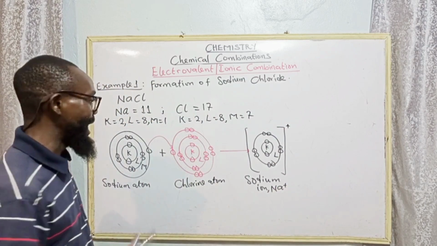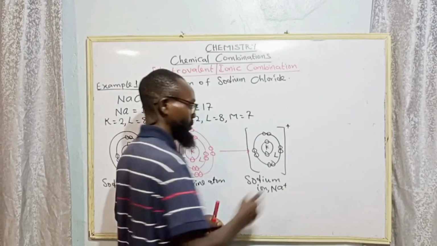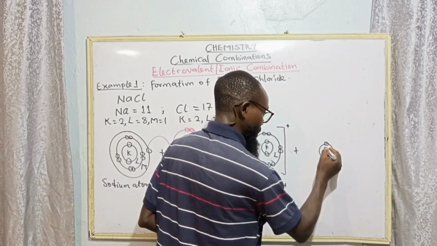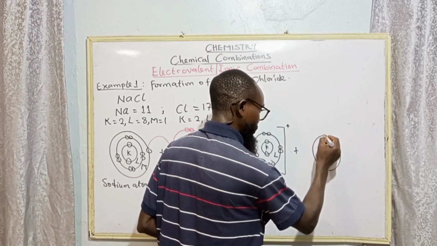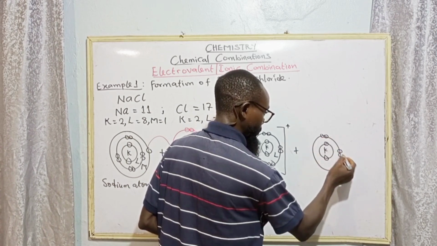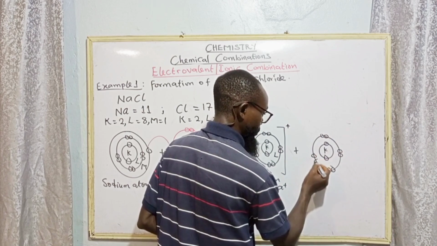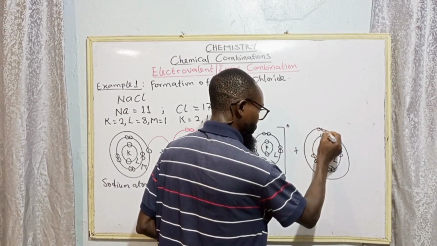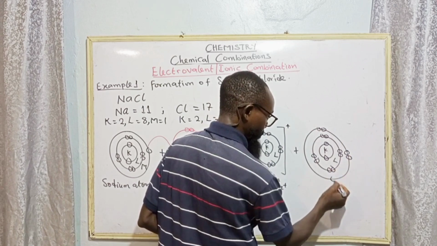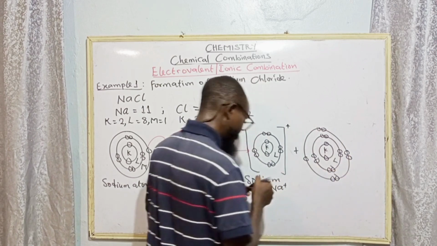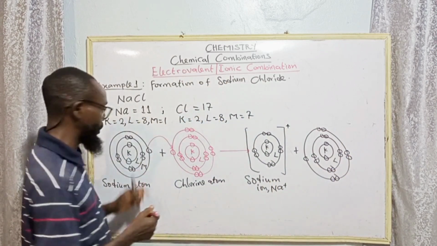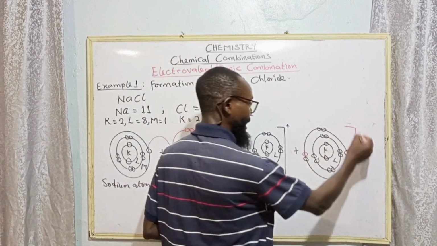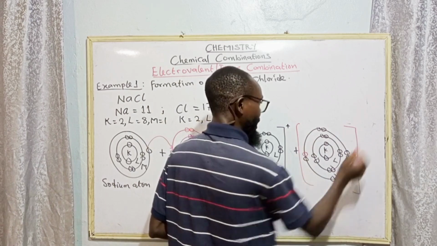While this chlorine is accepting the one electron, the K shell, L shell, so the one electron coming from this sodium is this. So this has taken one electron.